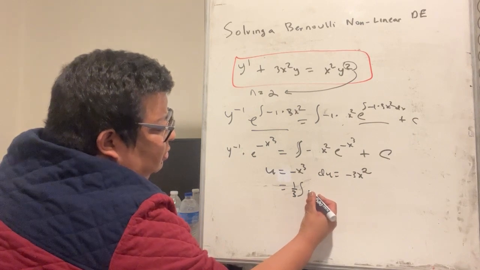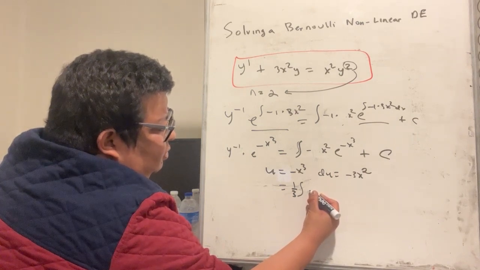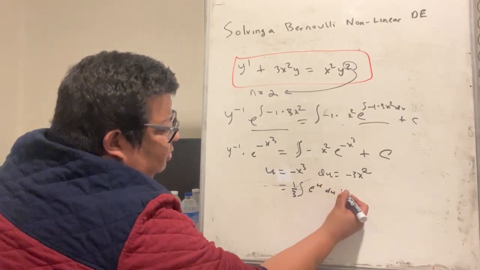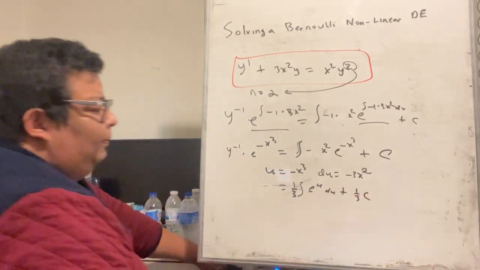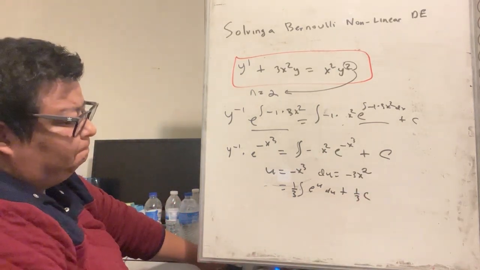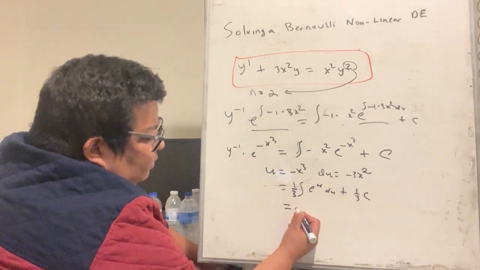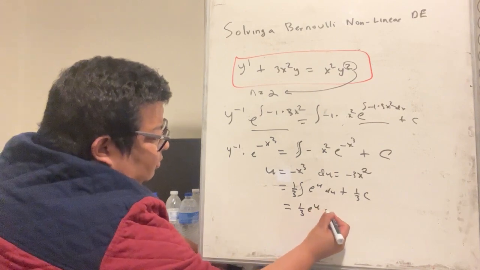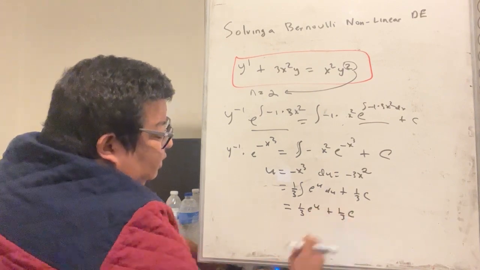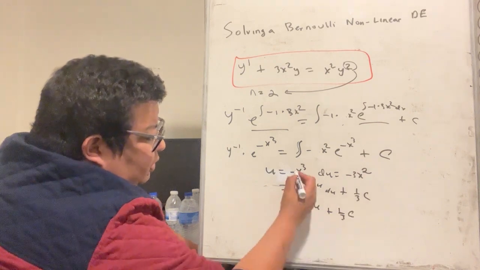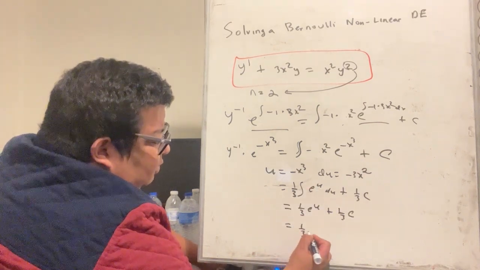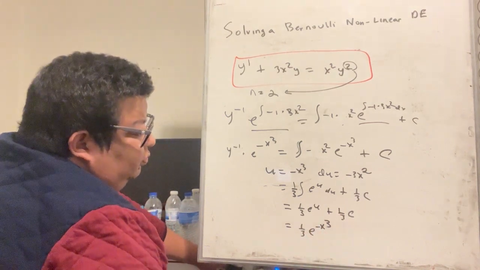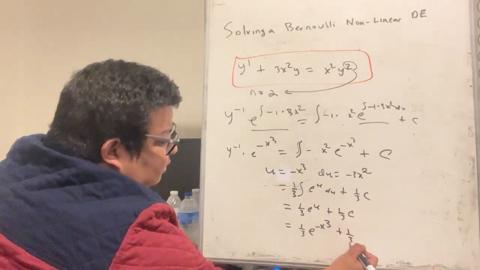So now it becomes the integral of e to the u du plus 1/3 c. Now we integrate this, and it becomes 1/3 e to the u plus 1/3 c. Then we plug in u, which gives 1/3 e to the minus x cubed plus 1/3 c.